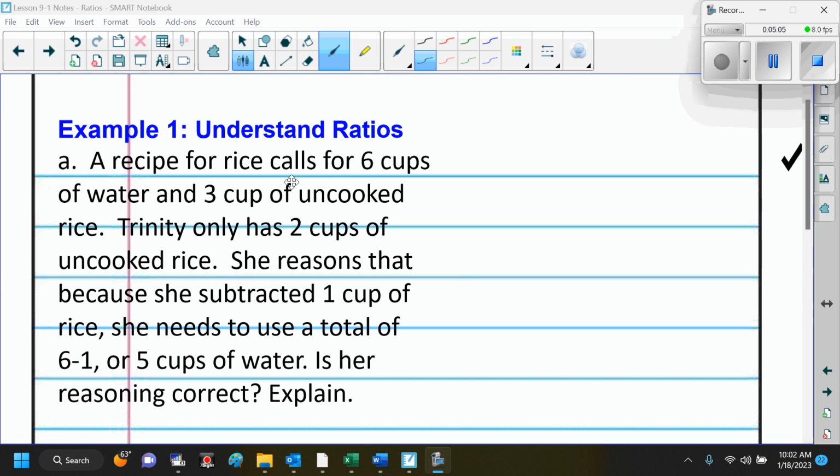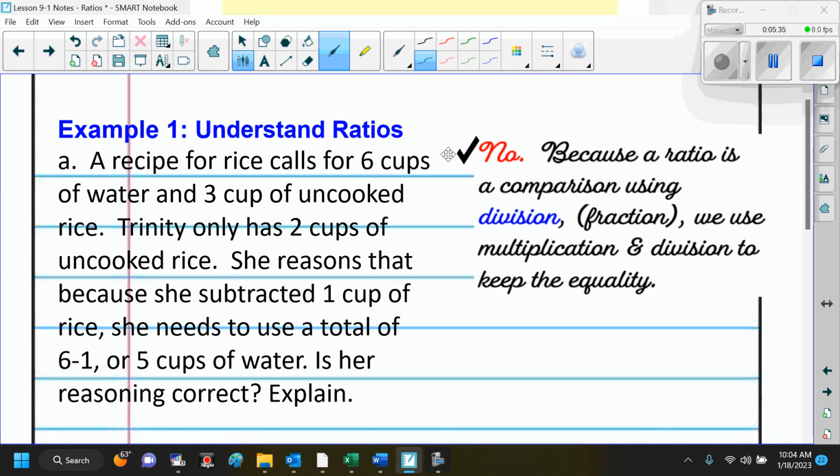So example 1 is understand ratios. It says a recipe calls for 6 cups of water and 3 cups of uncooked rice. Trinity only has 2 cups of uncooked rice. She reasons that because she subtracted 1 cup of rice, she needs to use a total of 6 minus 1, or 5 cups of water. Is her reasoning correct? And I want you to explain it.